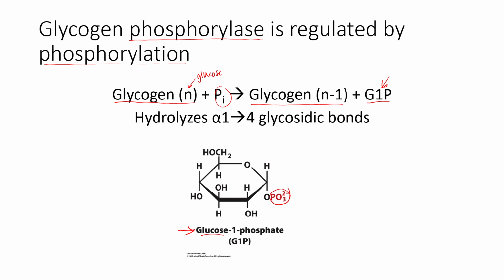And so essentially what glycogen phosphorylase does is it hydrolyzes alpha-1,4 glycosidic bonds, but it does so using phosphate as an attacking group. And by hydrolyzing these alpha-1,4 glycosidic bonds, the glycogen molecule will get shorter and shorter. You might also recall that glycogen also has branches connected by alpha-1,6 glycosidic bonds, and those are cleaved by different enzymes that we will not be discussing in this particular video.